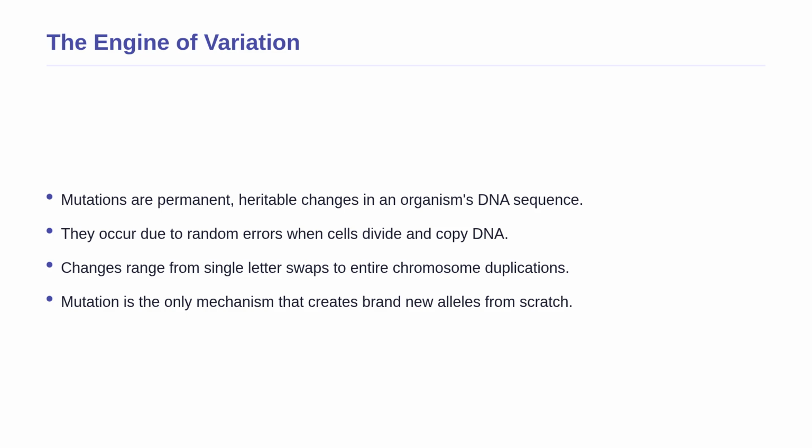When cells divide, random errors inevitably occur. These errors create entirely new versions of genes, introducing brand new alleles into a population's gene pool. This is the fundamental starting point of all evolutionary change, acting as the spark that ignites the entire process.